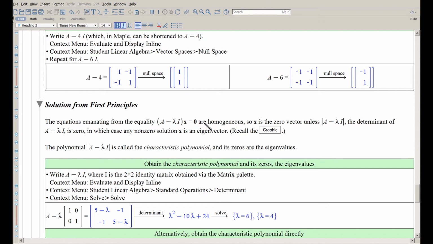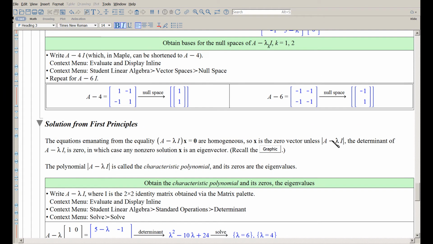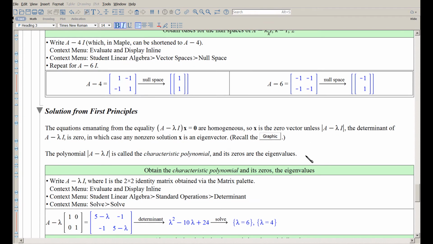So equations are homogeneous, and the statement that the student is bombarded with is the solution for x will be the 0 vector unless the determinant of A minus lambda I is 0. And that's the connection that we've been trying to make, but without having to make that statement.